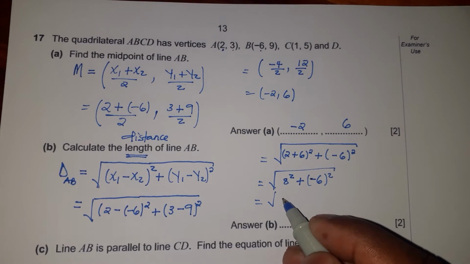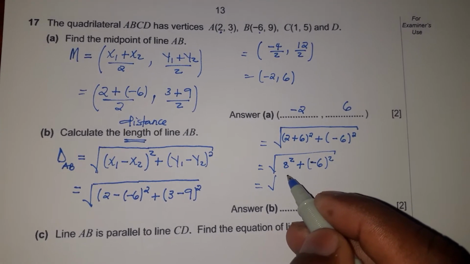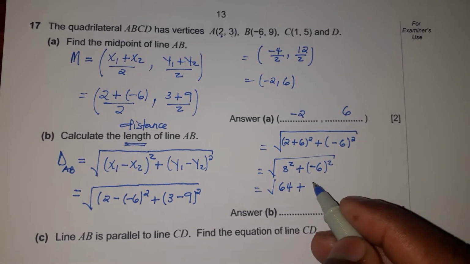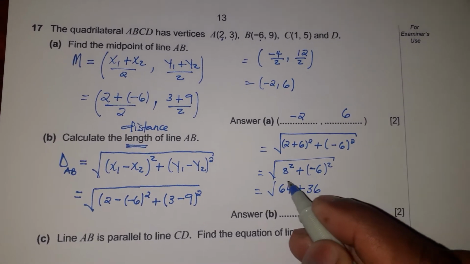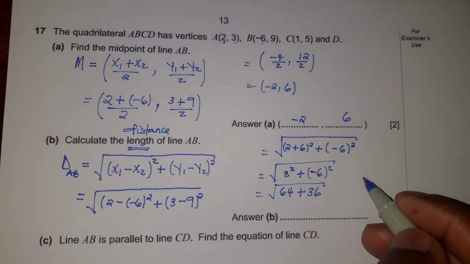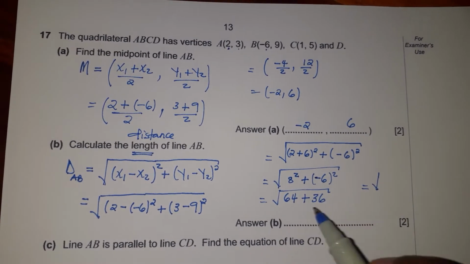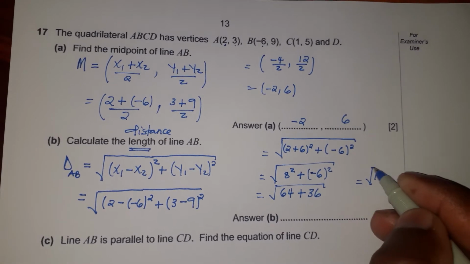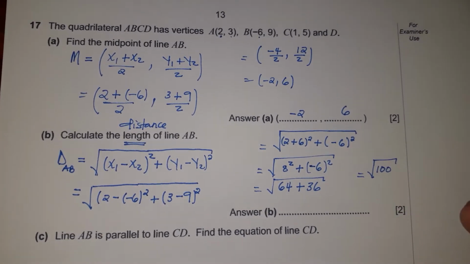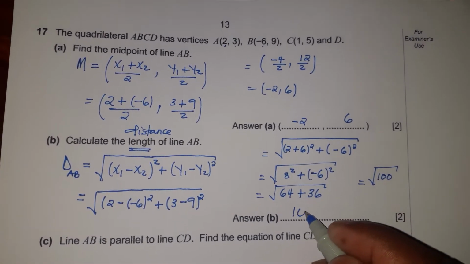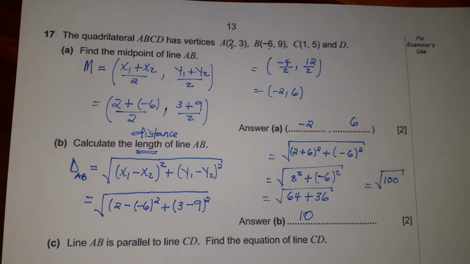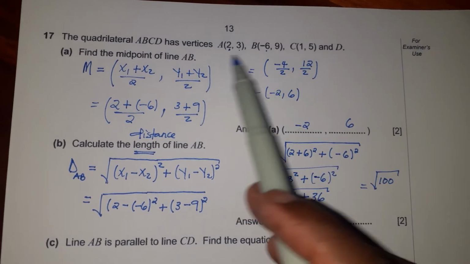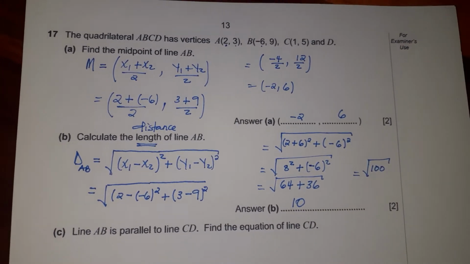Here we have 64. Here we have 36. That is equal to 64 plus 36. That should give us 100. Square root of 100 is 10. The final answer, you write it there. If you want, you can write units, but since you are not given any units here, just write 10, and that's it.